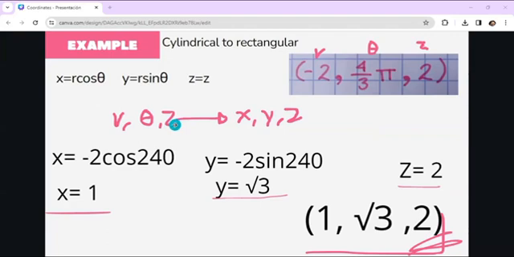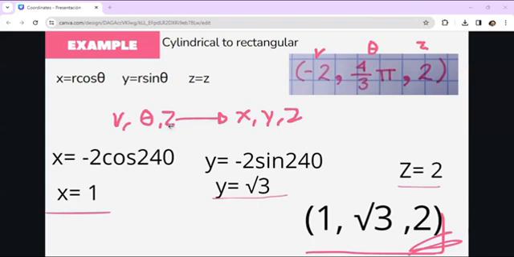Okay. Hi, teacher. I'm Adri. And continuing with the exercises, here we have an exercise of cylindrical coordinates.